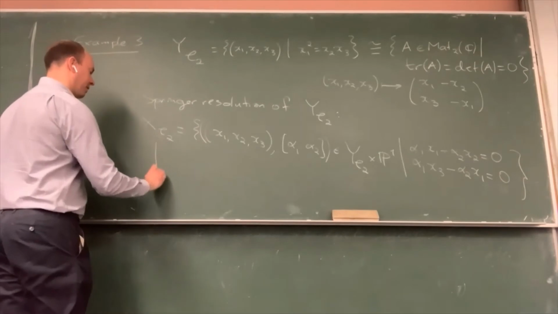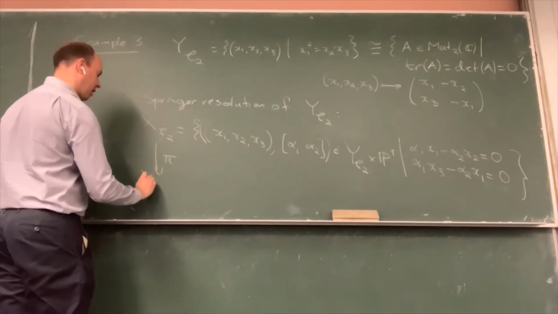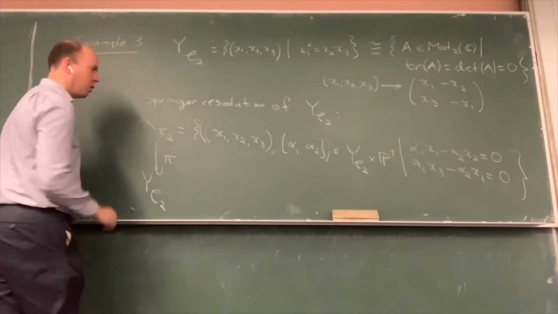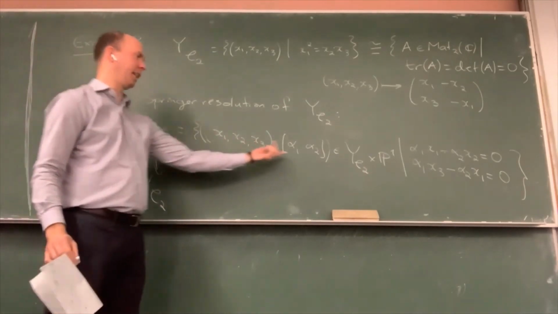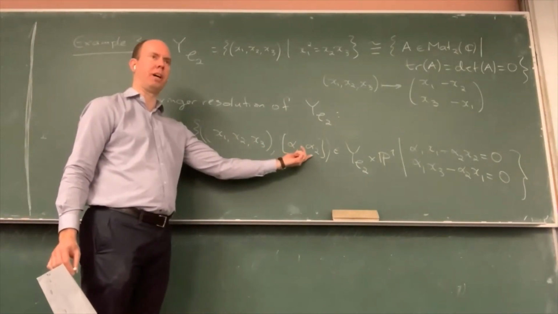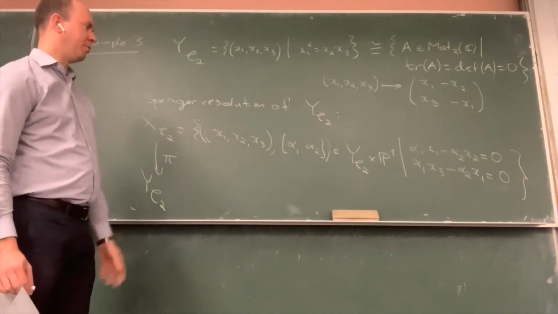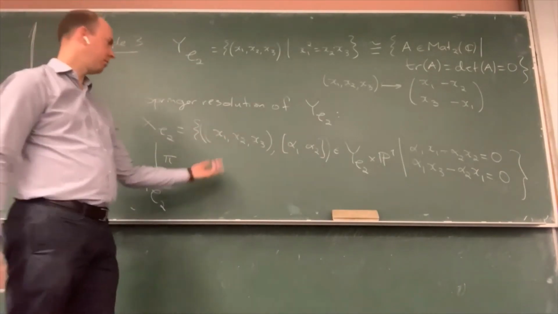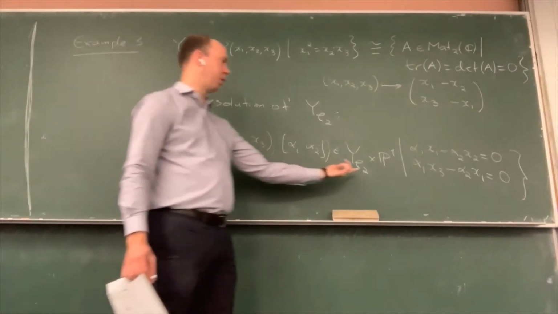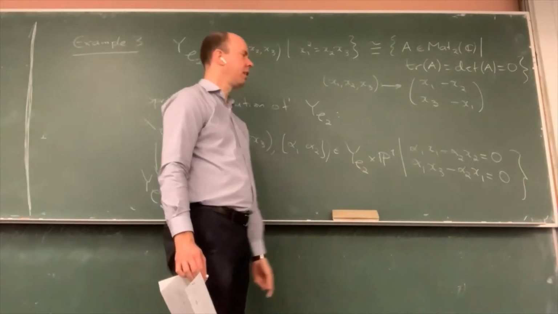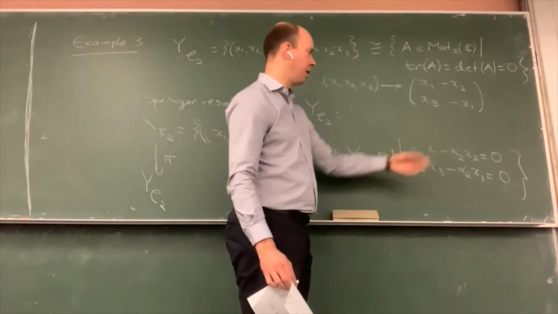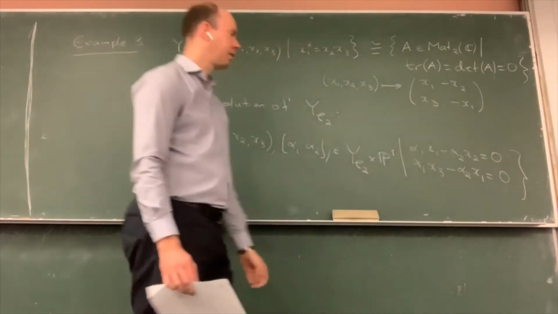Okay, and then you map this to Y C2 by forgetting about this alpha 1, alpha 2 part. So this is manifestly a projective morphism because I've factored it through the product of Y and a projective space and a closed embedding there defined by these closed conditions.